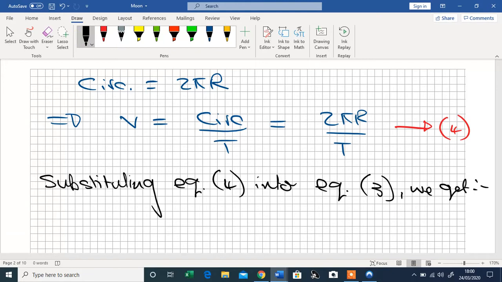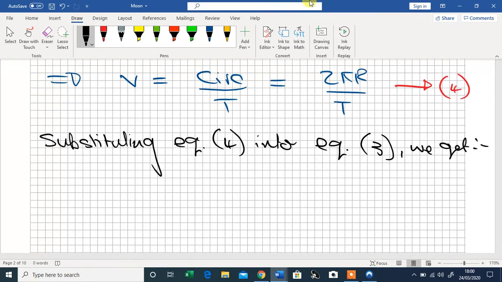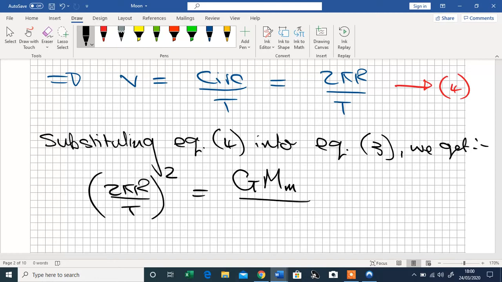We get 2 pi r over t all squared, and that's equal to g big M sub m over r.